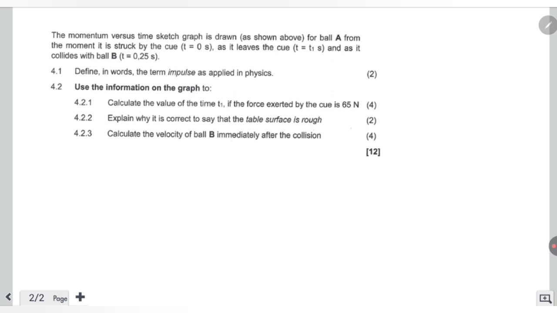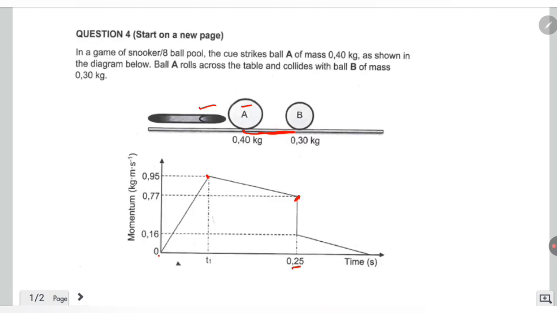Use the information in the graph to calculate the value of T1 if the force exerted by the Q is 65 newtons. So if the force exerted, F net, is 65 newtons, what is the value of T1? The Q and A are in contact from here to here, right? So you have momentum, you have time.